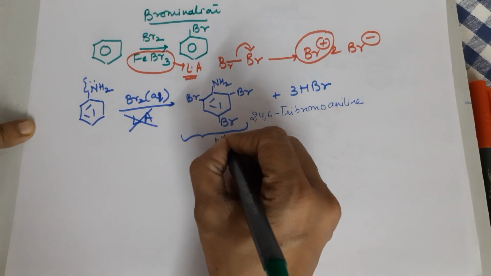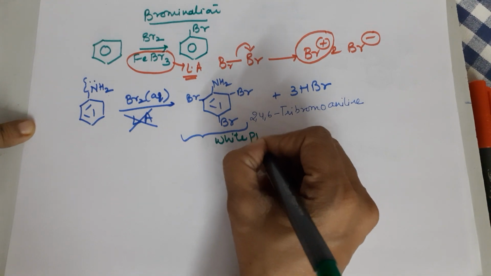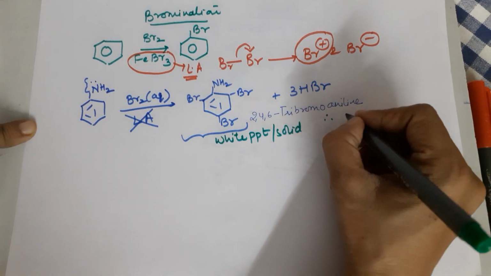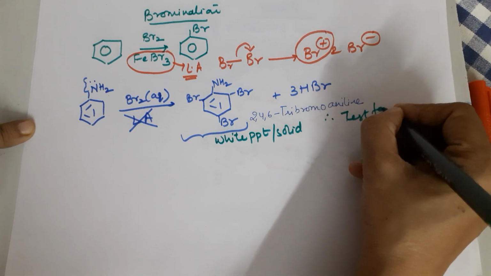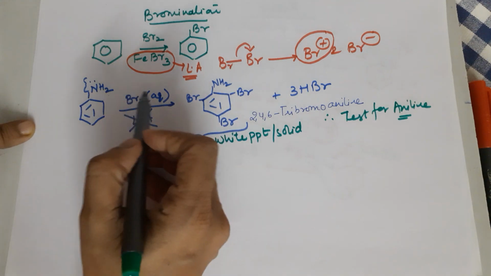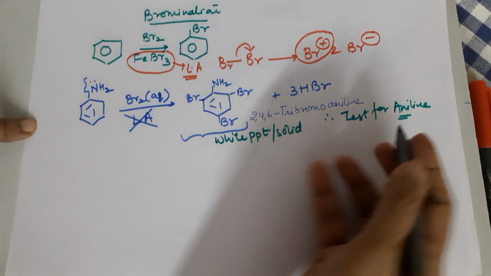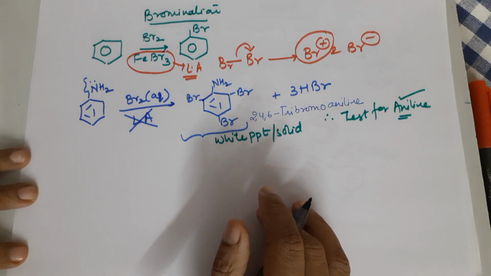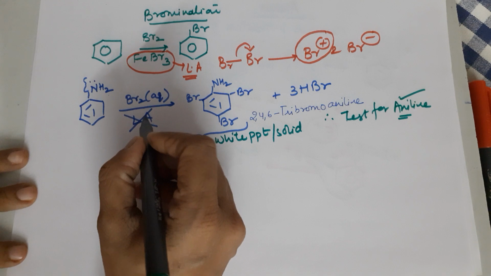Surprisingly, this is a white colored precipitate or a solid. Therefore, you can use this reaction as a test for aniline. So if you have aniline, add bromine water, you get a white solid, and this can be used as a test for aniline. Now, the first question is, why do you not require a Lewis acid?